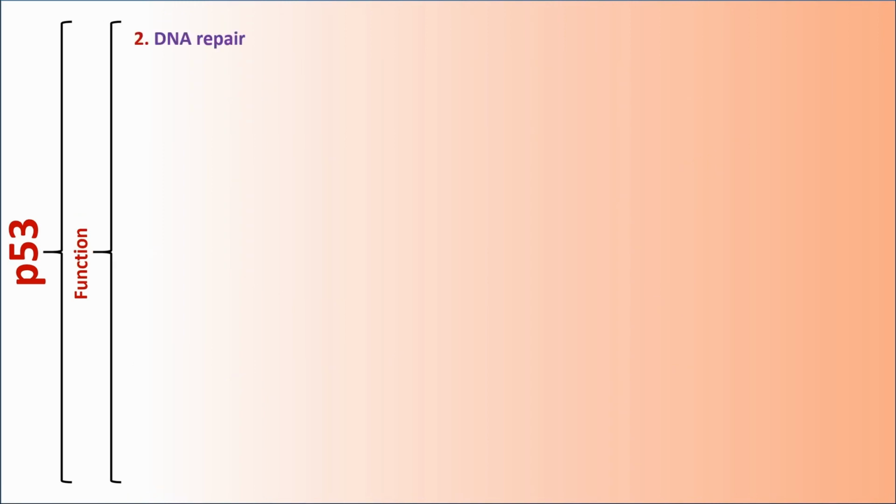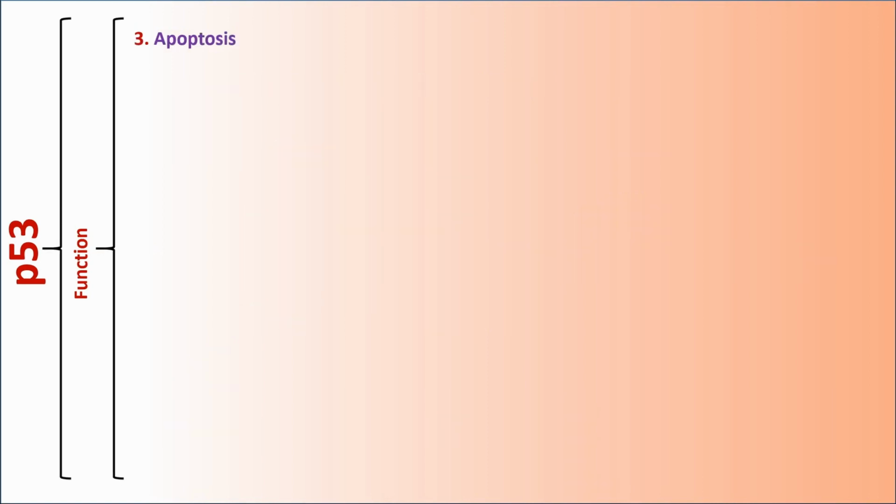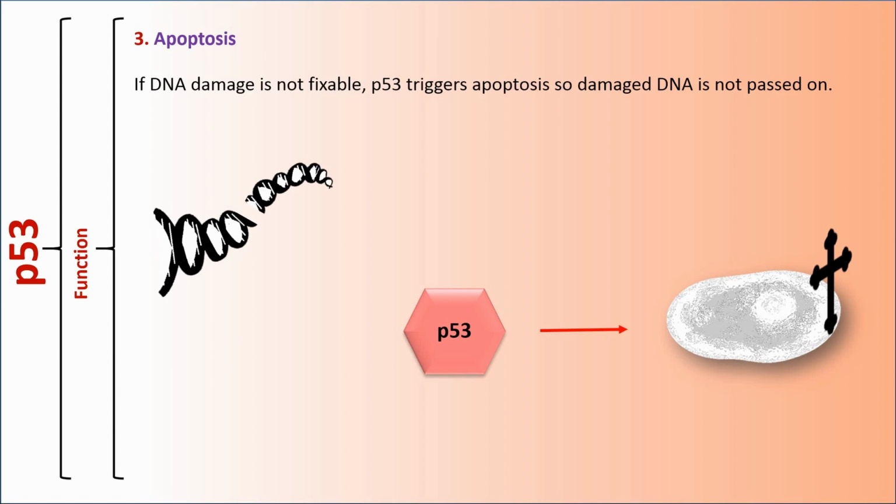Number 2. DNA repair. In the case of DNA damage, P53 activates DNA repair enzymes. Number 3. Apoptosis. If DNA damage is not fixable, P53 triggers apoptosis, so damaged DNA is not passed on.